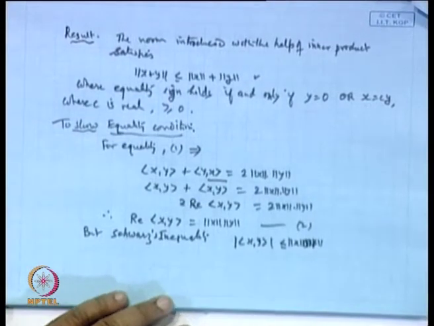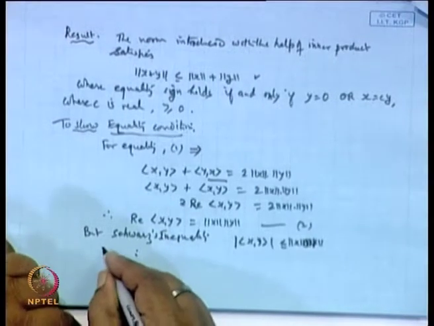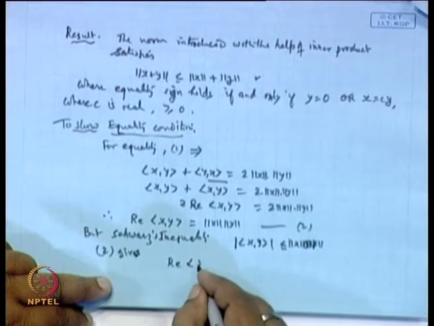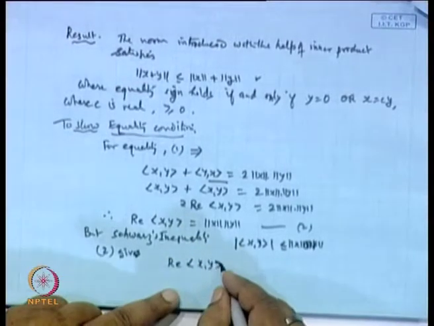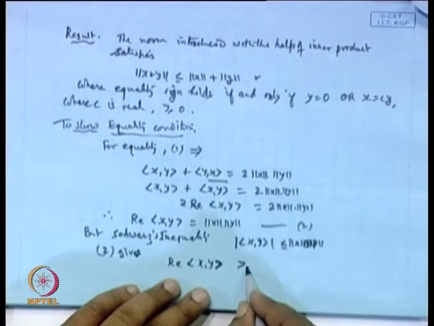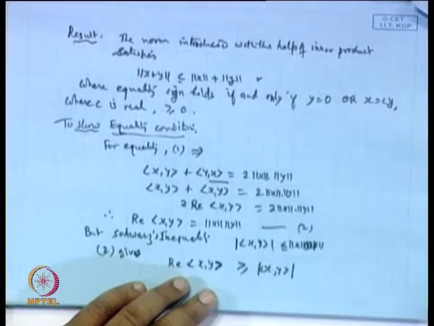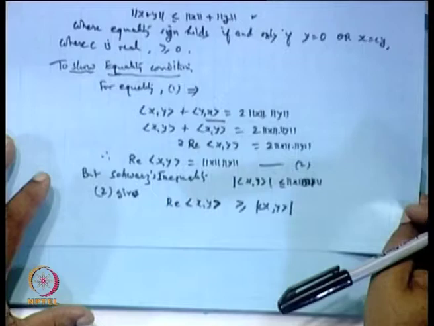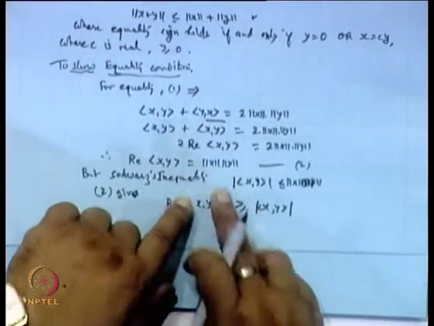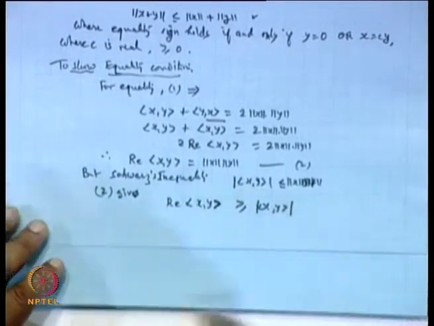So, we can put this in there, it means therefore, 2 gives the real part of inner product x y is greater than or equal to the modulus of inner product x y. Is it okay or not? Because this norm of x plus y is greater than or equal to the modulus of the inner product. Clear?